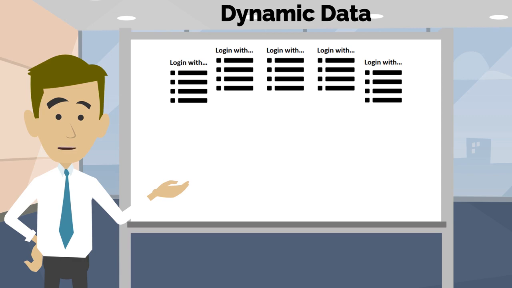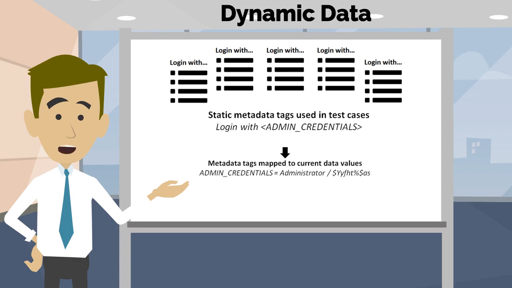The way we've addressed this is to implement a concept we call metadata tags. This allows us to replace test case data that is likely to change with static metadata tags. The metadata tags are mapped within a central repository to the current data values. Then the framework replaces the tags with the appropriate data at runtime. When the data does change, the central repository is updated with the new value, avoiding the need to update every test case where the data is used.